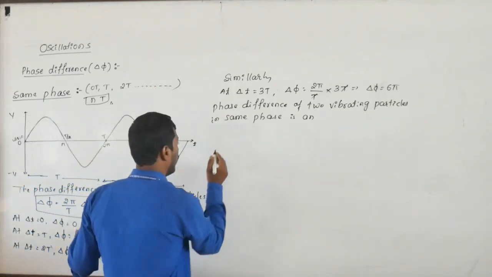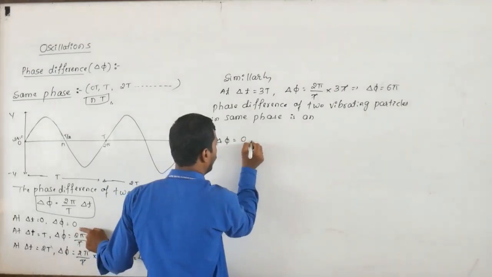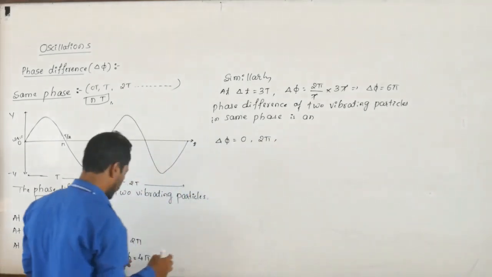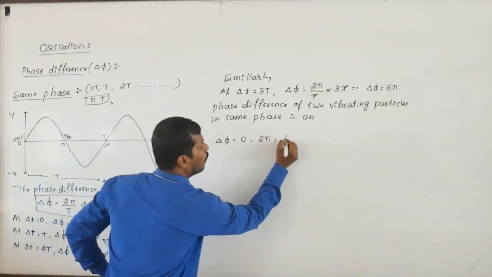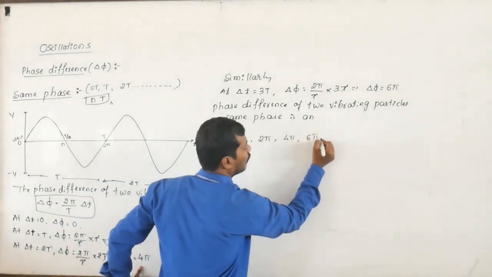First one, delta phi is equal to initially 0. Then after that it becomes 2 pi, after that 4 pi, after that 6 pi, and so on.